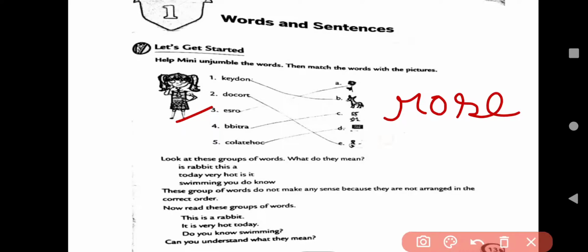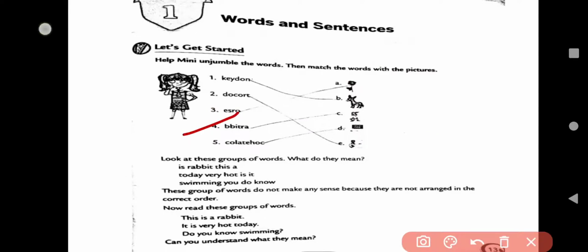You have rearranged it here, so it will be rose. Next, "bitra." What is this? Yes, rabbit. Rabbit. Okay, and you have to match it.